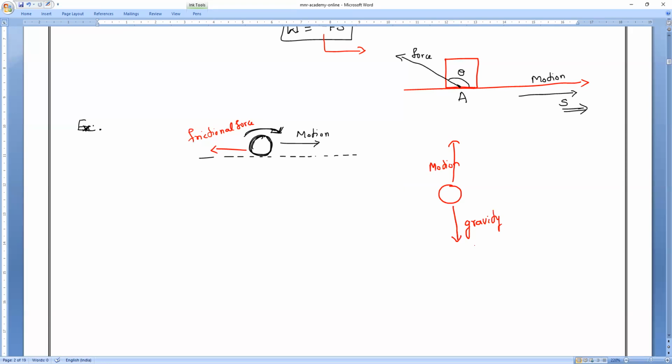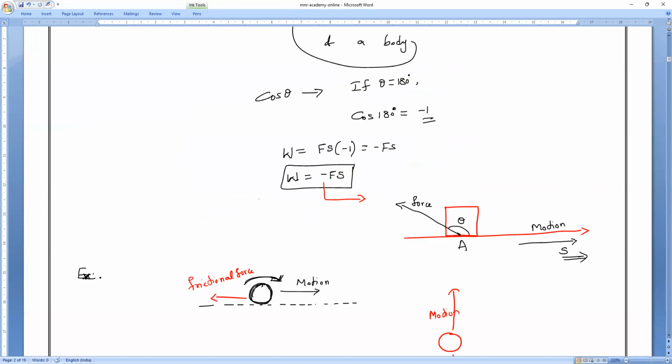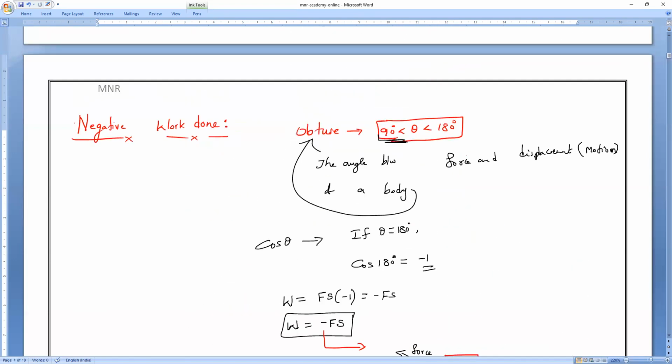That is another example. As I said, cos 180 is -1. So what does it mean? Exactly, imagine opposite. The motion of the object is in the forward direction, and the applied force is in what direction, everybody?